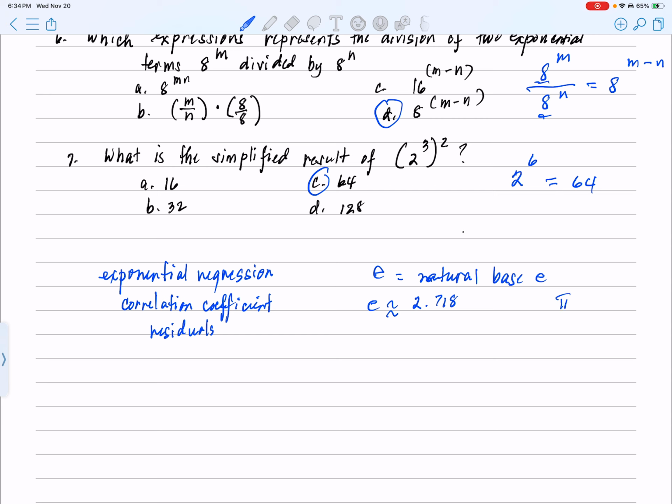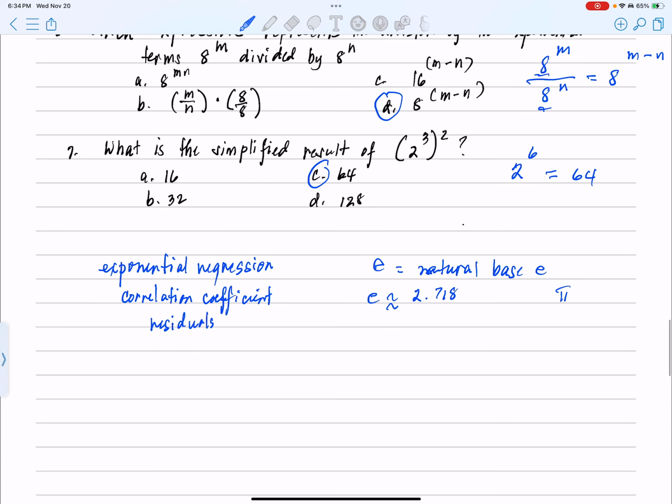One of the reasons why e is used as the base in exponential functions is that we may see an f of x like e to the power of x, and we model that for continuous growth.